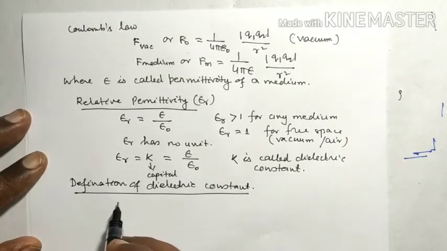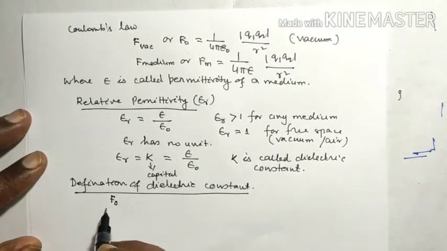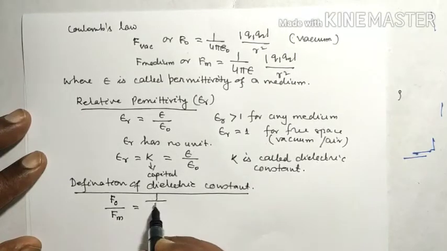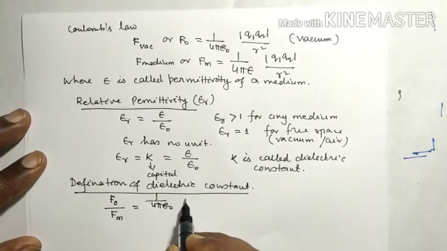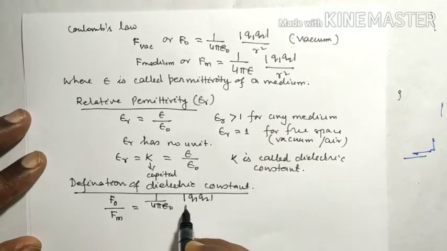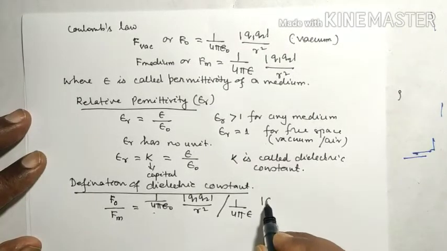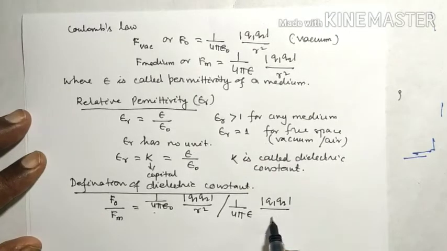So let us take the ratio, that is F0 by Fm. F0 is equal to 1 by 4 pi epsilon 0 mod of Q1 Q2 by R square, and divided by 1 by 4 pi epsilon into mod of Q1 Q2 by R square.